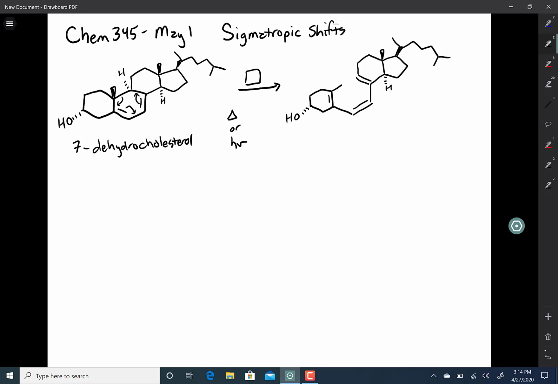I'm going to go ahead and figure it out right now. I'm going to start by drawing in the important bits. We have this, and we have the methyl group going up and the hydrogen going down based off of the original stereochemistry.